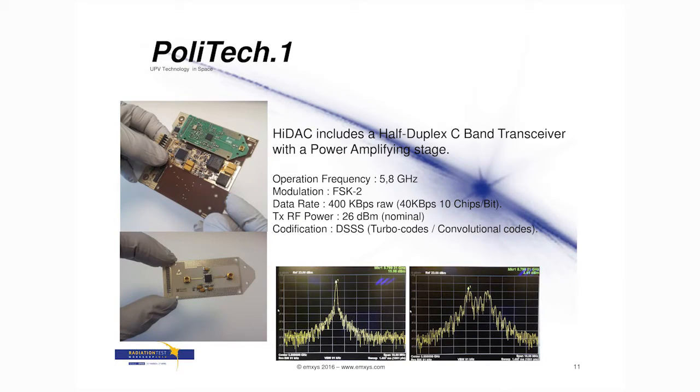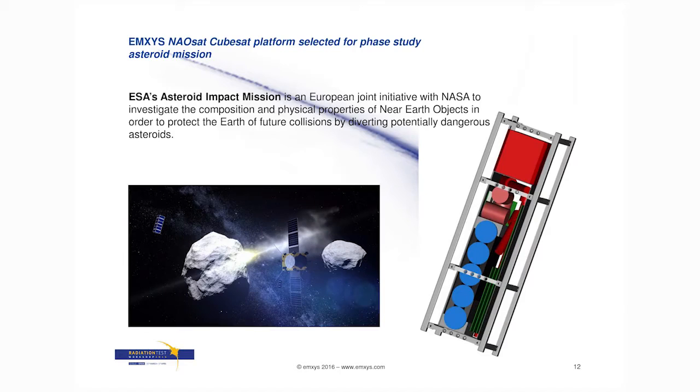And this is the flight model of this EQM. This is the transmitter here, and this is one amplification module as an example of a standard PCB that may fly on the payload.